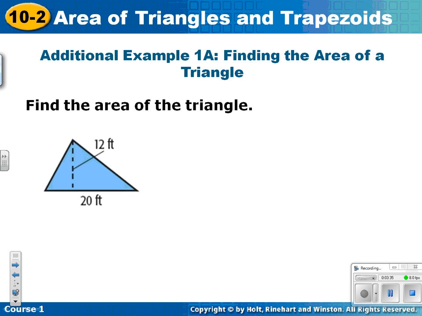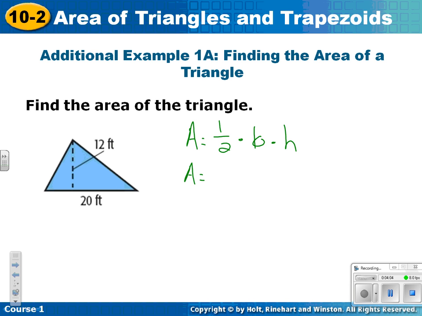So, we have a triangle here. First of all, how do you find the area of a triangle? What is the formula? Let's write it down. What is the formula for finding the area of a triangle? Yes? A equals 1/2 times B times H. Let's plug our numbers into our formula.